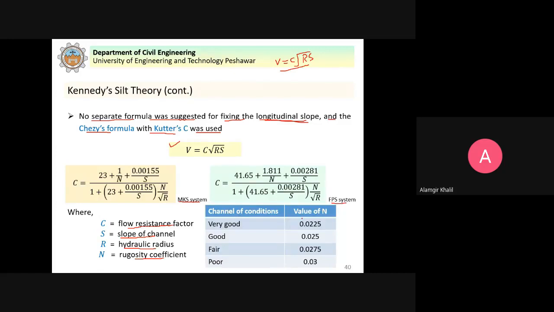So you can see here that this rugosity coefficient depends upon the channel conditions. If the condition is very good, then the value of N is 0.0225. For good condition, 0.025. For fair condition, 0.0275. And poor condition, it can be taken as 0.03.